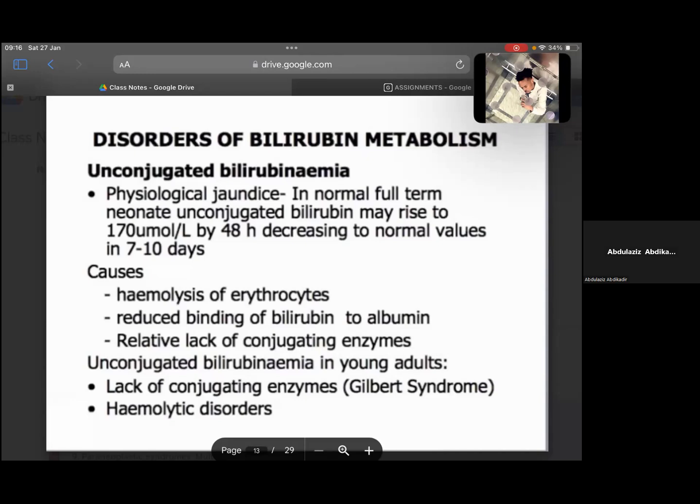So this conjugating enzyme, the one that conjugates it with glucuronic acid, is absent. So you'll get a syndrome known as Gilbert syndrome. But for now, just remember hemolysis and Gilbert syndrome will cause it.